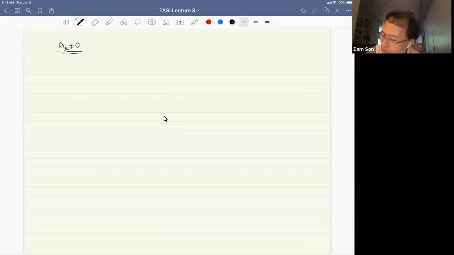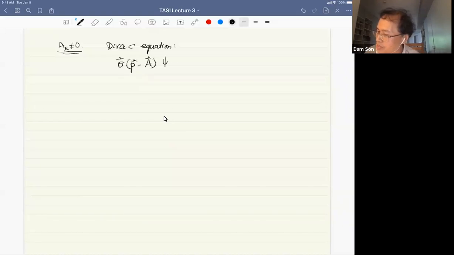Okay, so the Dirac equation, you can see it's written in somewhat like this form: sigma dot (p minus A) times psi is equal to E psi. So here I use a certain convention on my Dirac matrices, so that gamma 0 gamma i is equal to sigma i. So this i runs only 1 and 2. There is no gamma 3, two-dimensional.